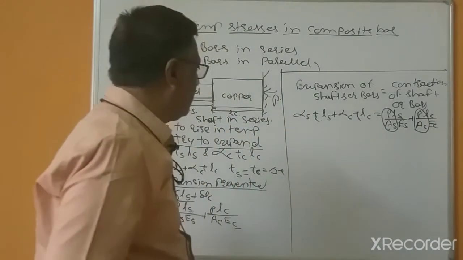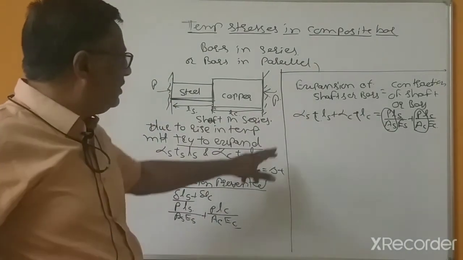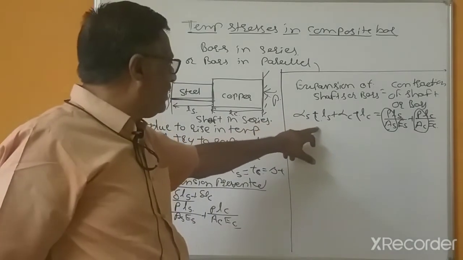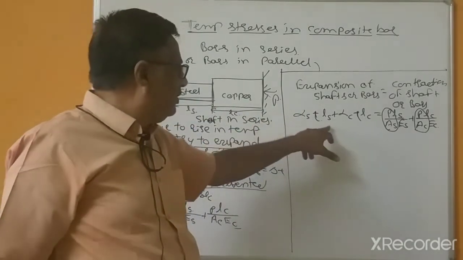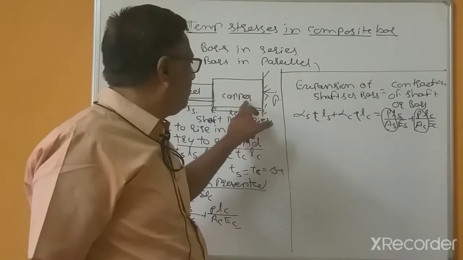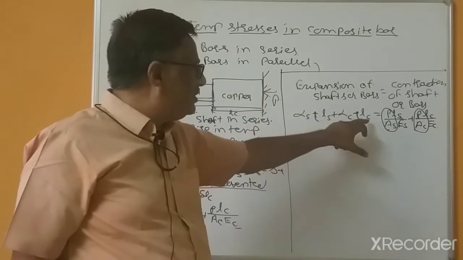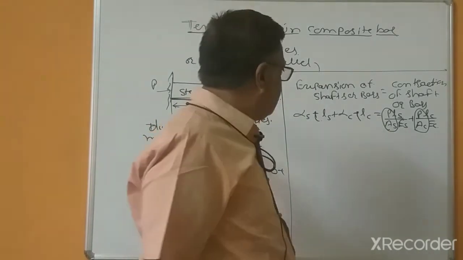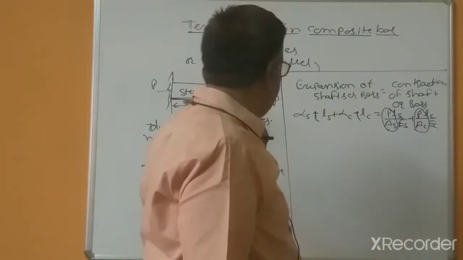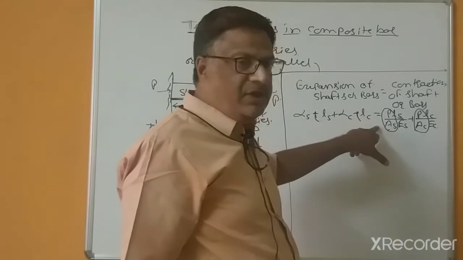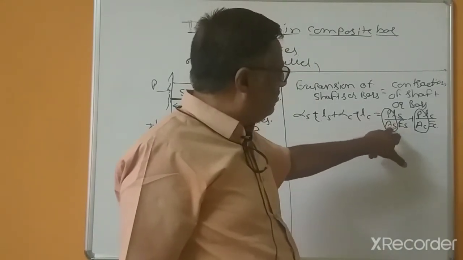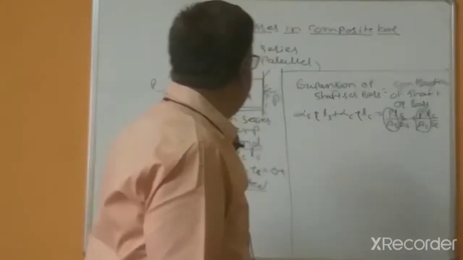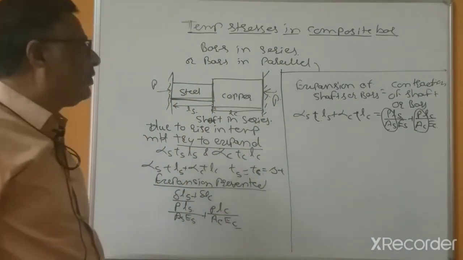Here everything is given. Alpha S is the coefficient of expansion of the steel, T is the rise of temperature, L S is the length of the steel, and alpha C is the coefficient of the copper, T is the rise of temperature, L C, and here P divided by A S. The force P acting is given accordingly.